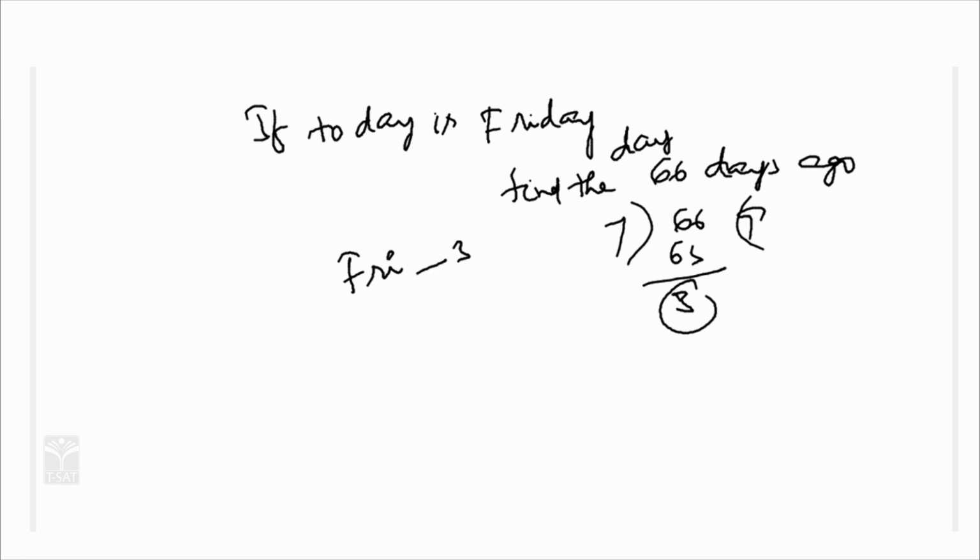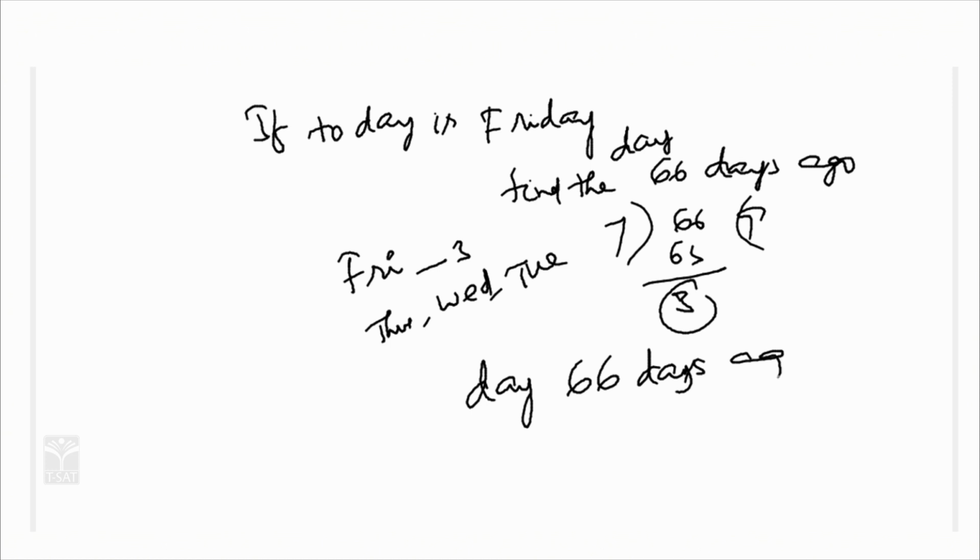Subtract 3 from Friday: Friday, Thursday, Wednesday, Tuesday, correct. So the day 66 days ago is Tuesday.